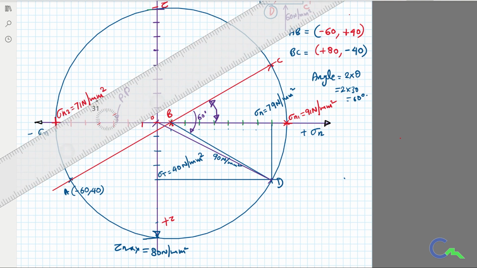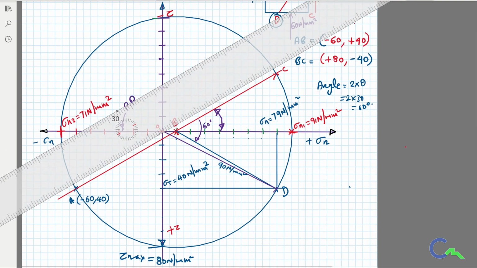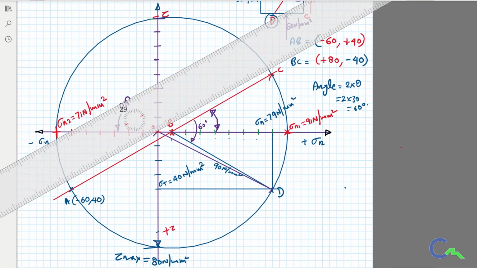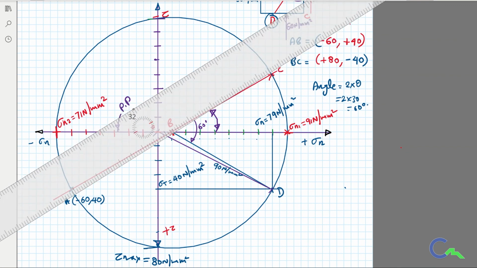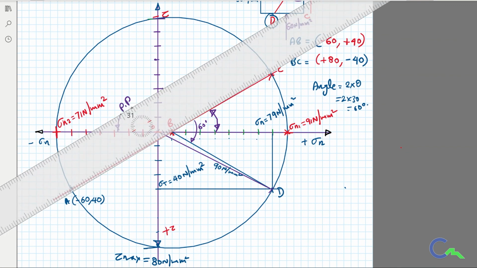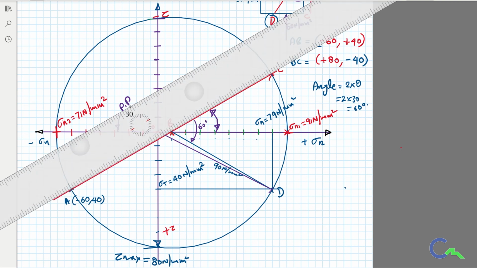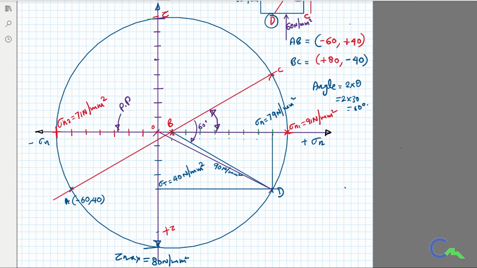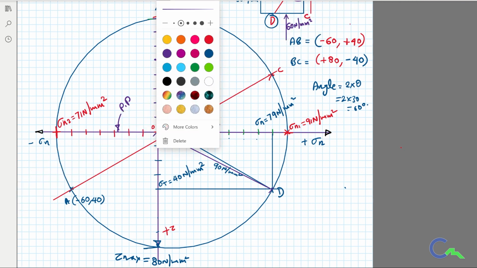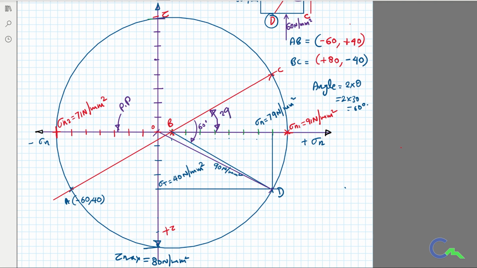If you do it accurately, you may get a different value. I got a little less than 30 degree, I can say about 28 or 29 degree. So I can say this is 29 degree. As I said, 2 theta p is equal to 29 degree.